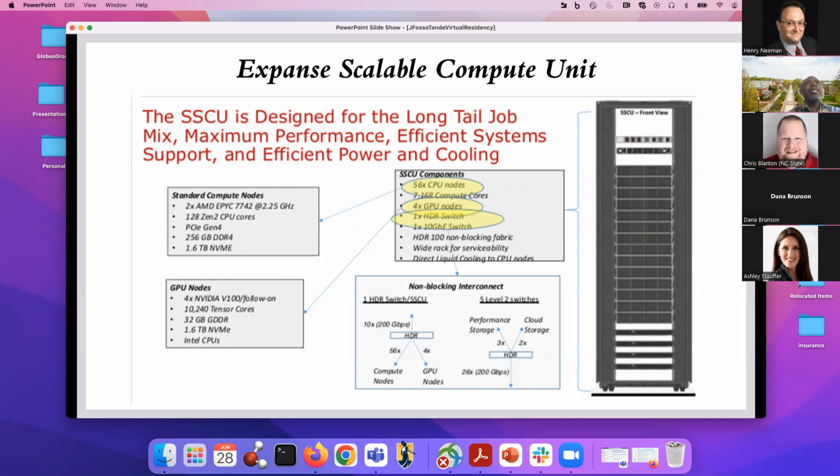The CPU nodes are mostly AMD EPYC at 2.25 gigahertz, and PCI Gen 4, 256 gigabyte DDR4 and 1.6 terabyte NVMe disk. And the GPU nodes, 4 GPU nodes, mostly they are NVIDIA V100 and 32 gigabyte of memory. And of course, you have the network fabric that connects all of this.